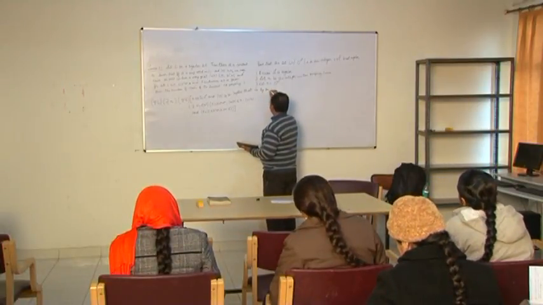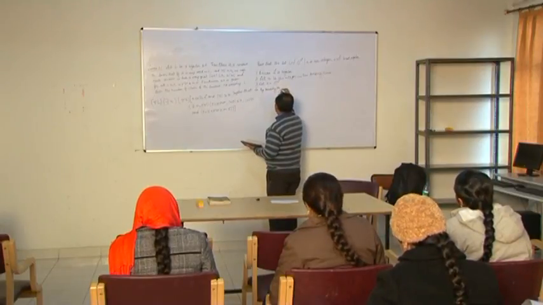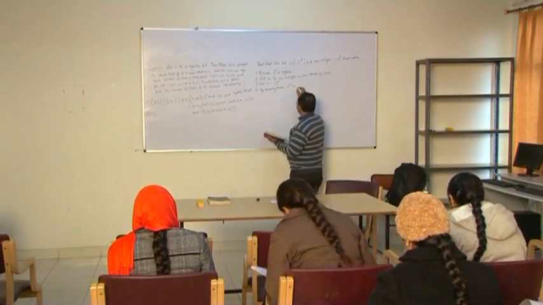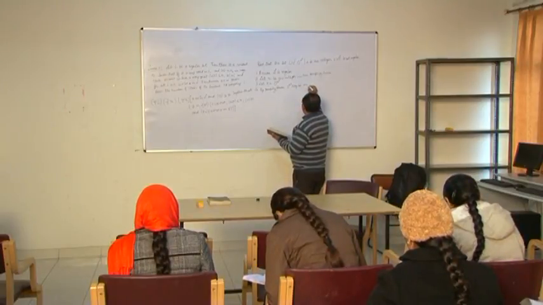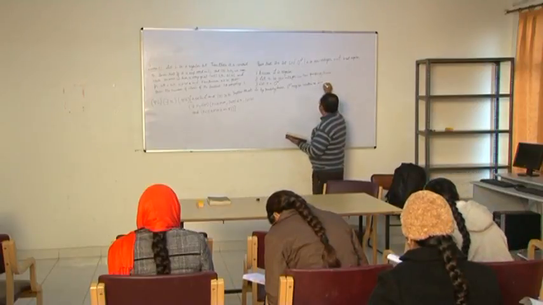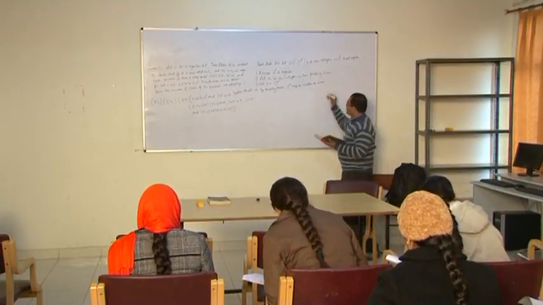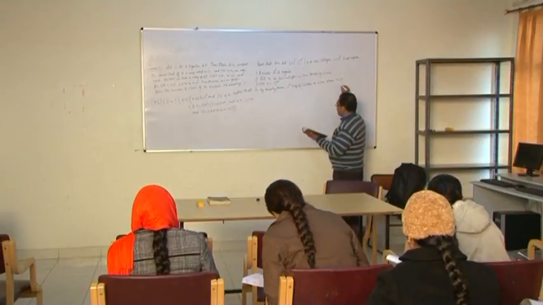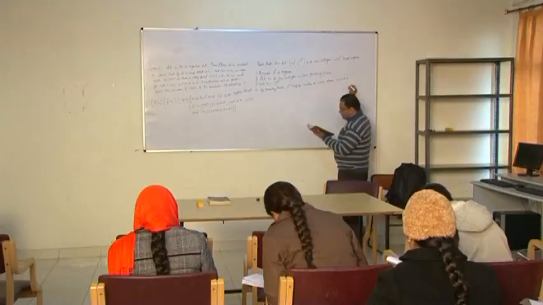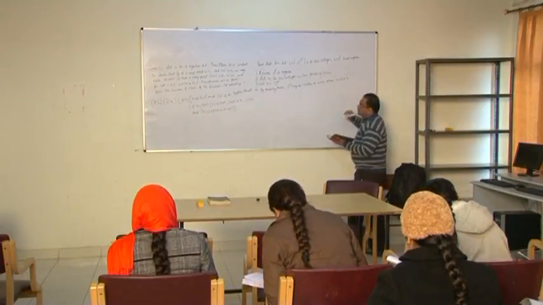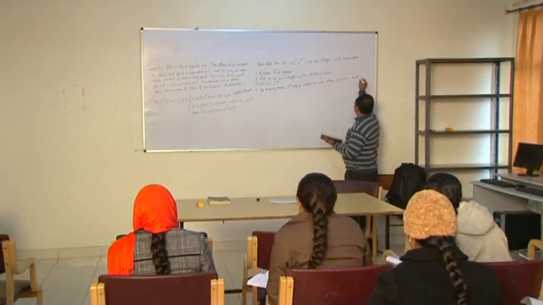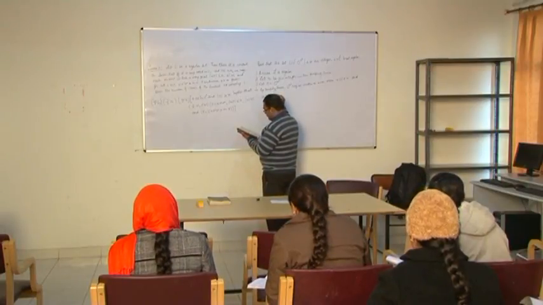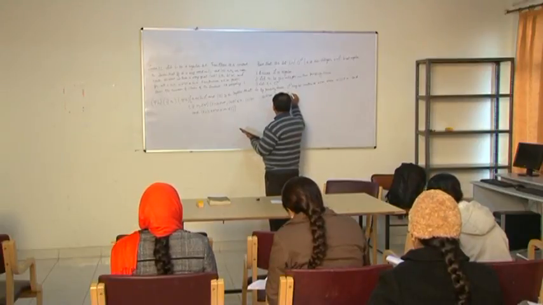By the pumping lemma, 0 raised to n square may be written as UVW, where the modulus of V is greater than or equal to 1 and less than or equal to n, and UV^iW is in capital L for all i.